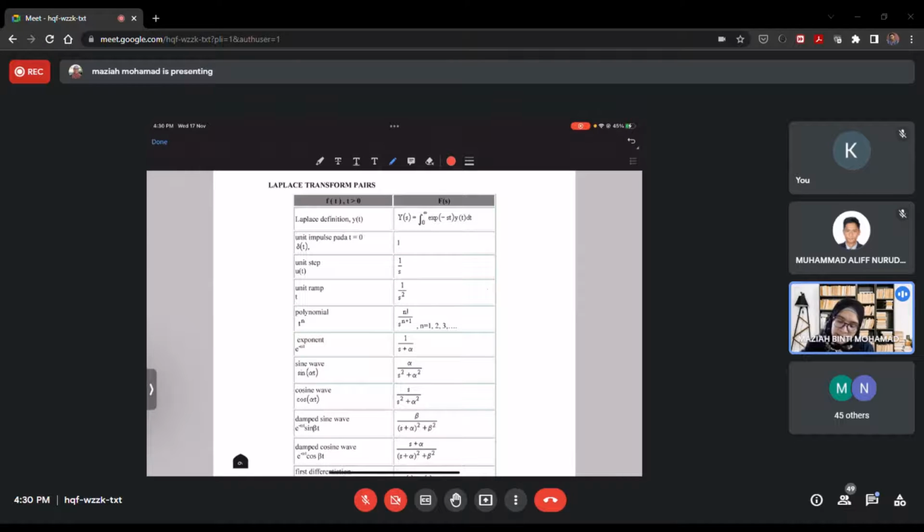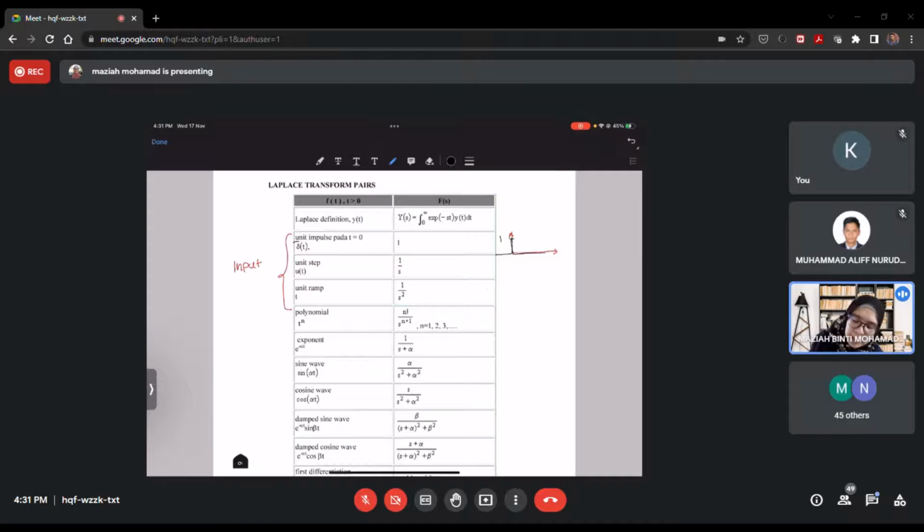This is basically the input. If you have an impulse input at t equal to 0, then there is an impulse signal and the value is 1. How do I know the value is 1?